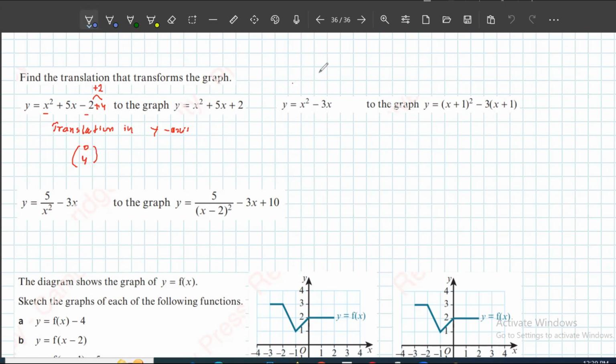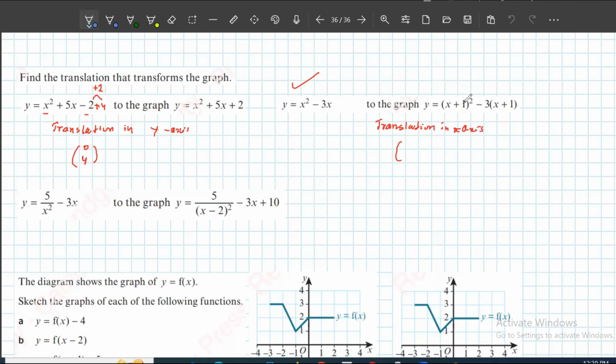If we check the next one, y is equal to x squared minus 3x. When they apply the change inside the x, it means it is a translation in the x-axis. The translation vector is, look, always the opposite.